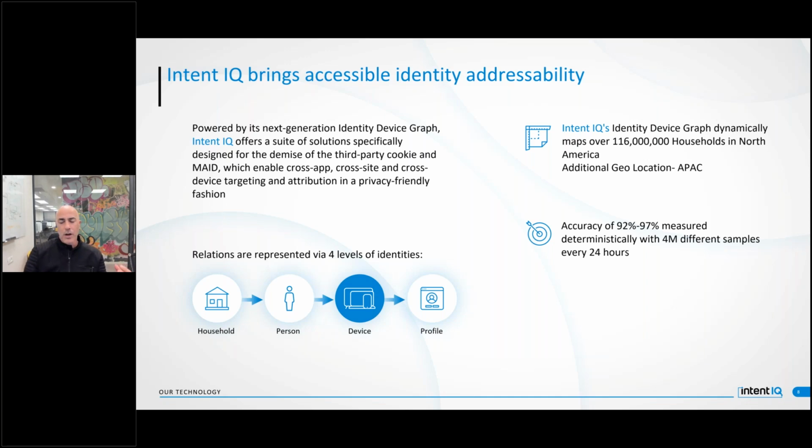IntentIQ shares 92 to 97% accuracy measured deterministically. Not a true set, but 4 million different samples every 24 hours are measured to make sure this graph is accurate. It's like an organism having different genes, and each one of them fixes a different problem as a living creature. Those are not a true set, those are deterministically measured.